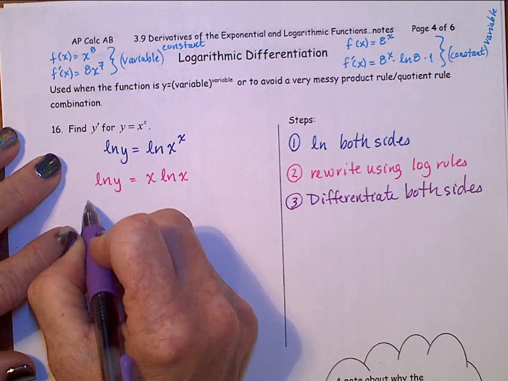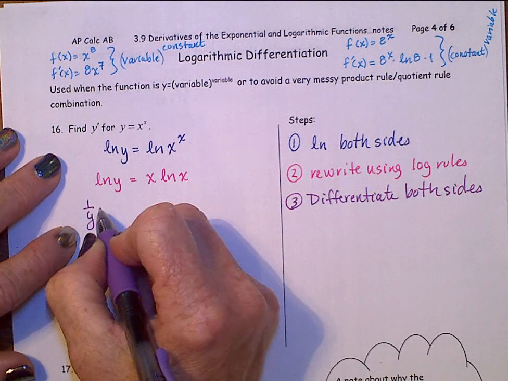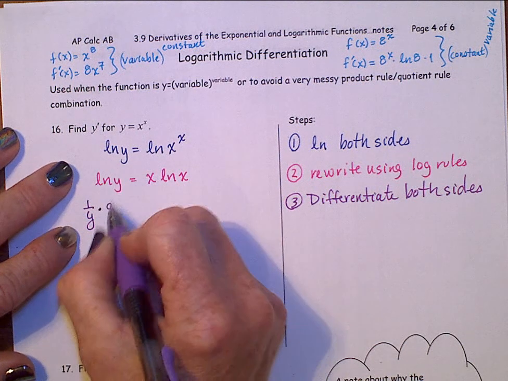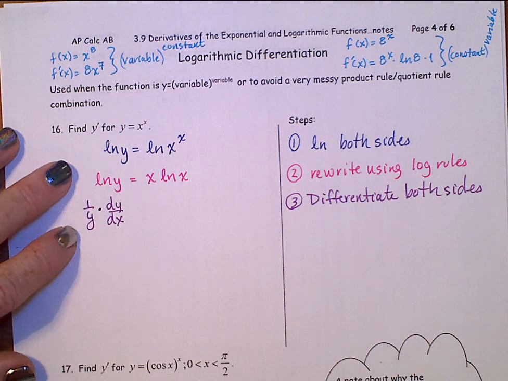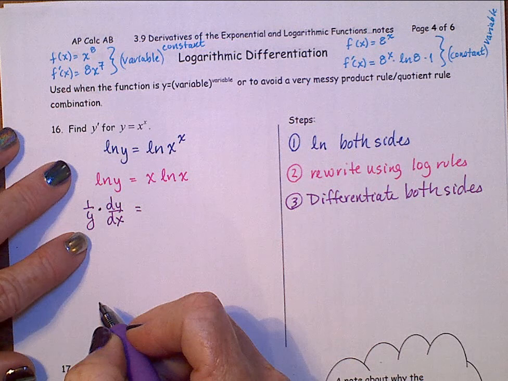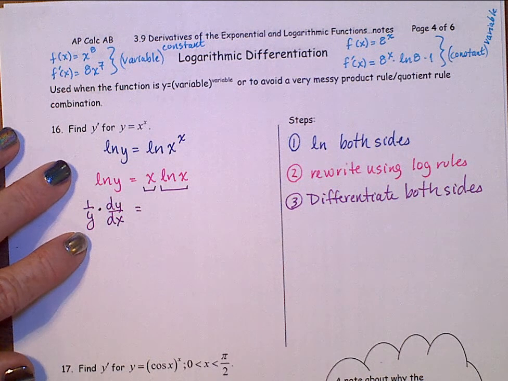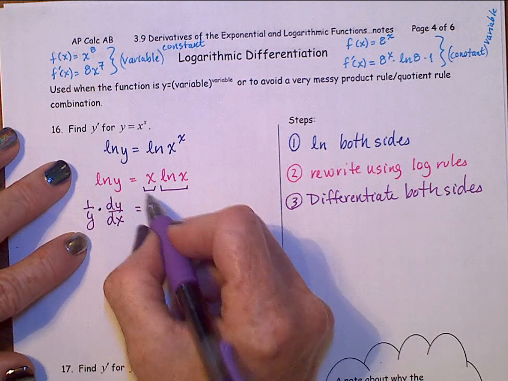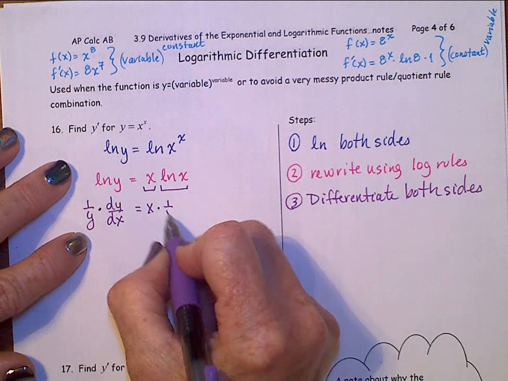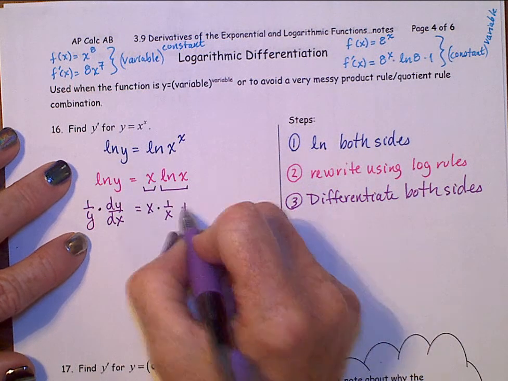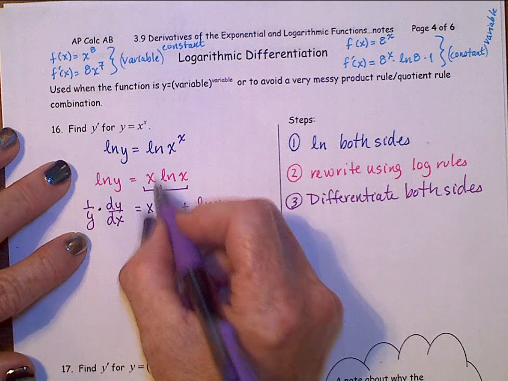So that's 1 over the y times the derivative of the y, dy dx, equals, and on this right hand side, we have a product rule going on. So first, times the derivative of the second, 1 over x, plus the second, ln x, times the derivative of the first, which is a 1.